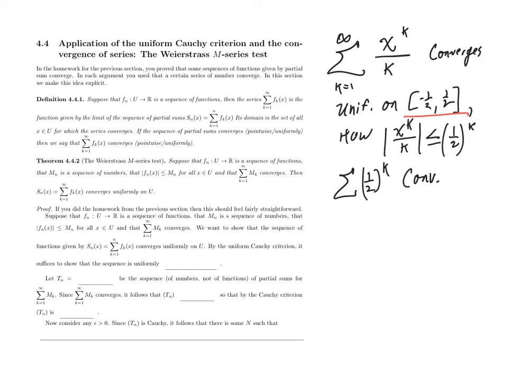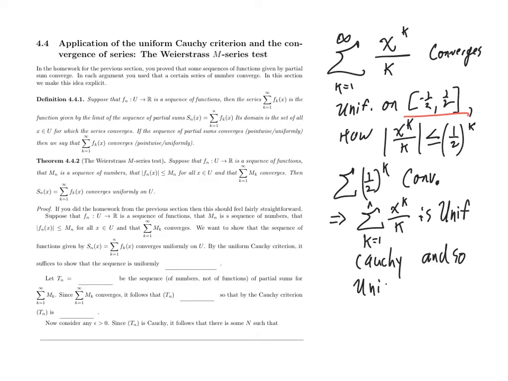And since you could pull all of that off, some not so complicated stuff resulted in the sequence of partial sums being uniformly Cauchy, and so uniformly convergent.